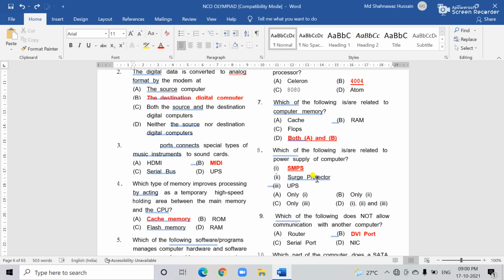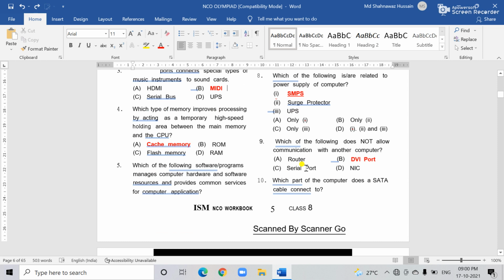Some students think UPS is the correct answer, but UPS stores some electricity for after the power cut. It provides the backup. But the question is, which are related to the power supply of the computer? The computer's power supply is the SMPS, not only UPS. So the correct answer is only A. Only one, the SMPS, switch mode power supply, right?